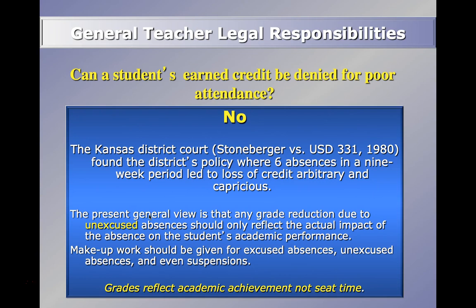And so my daughter in first period was absent 9 times, more than 20 minutes late. She was counted absent 9 times, and the policy was you lose credit after 6. My daughter could have been in that class every day. She could have gotten 100% on everything she did in that class, but the policy says if she had 6 absences in a 9-week period, she would lose her credit.